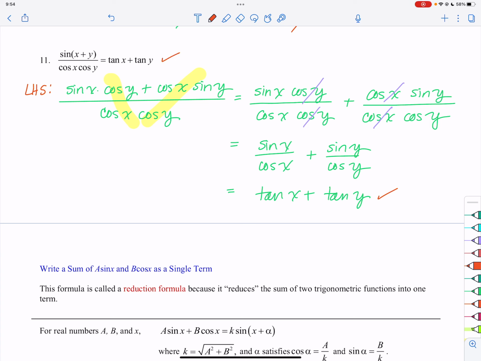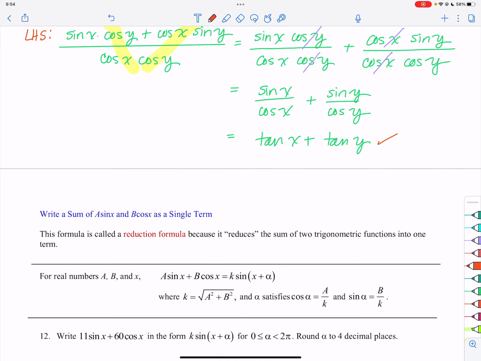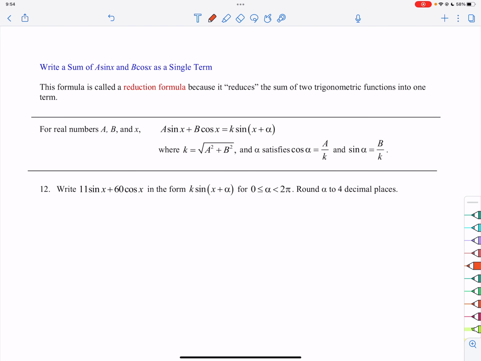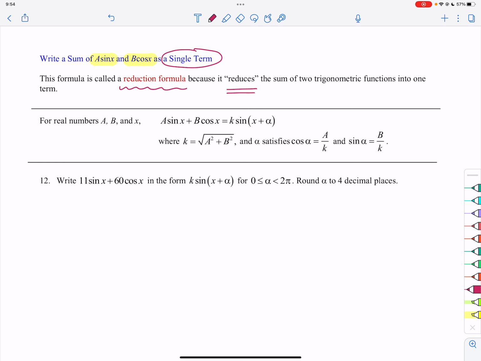Okay, so now we will end this section with writing a sum of the sine and the cosine of x when they have coefficients in front of the term. So we will be writing a sum of a times sine of x and b cosine of x as a single term. And this formula is called a reduction formula because it reduces the sum of two trig functions into one term.